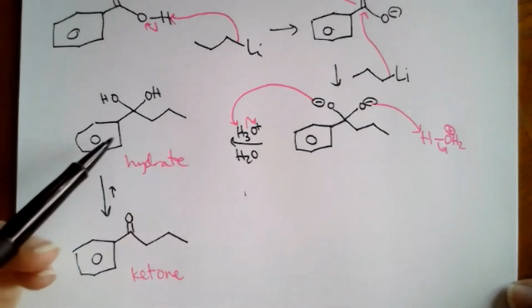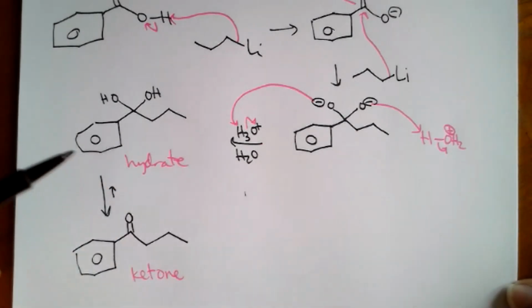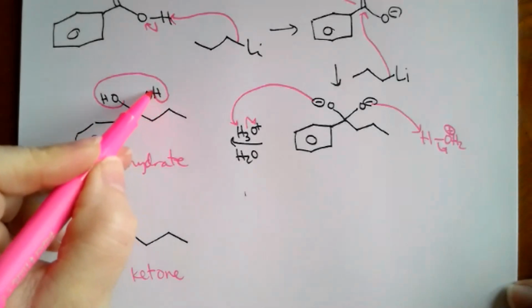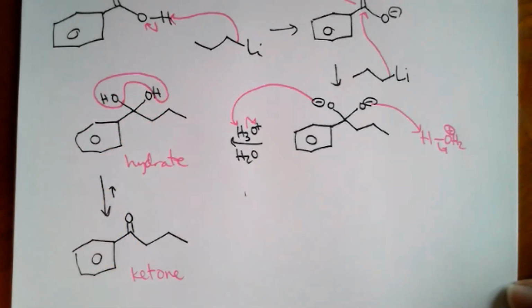So you're going to protonate to make this hydrate, and then that hydrate will do an equilibrium thing to yield this ketone. The exact mechanism of how that happens, we will learn very soon, but we're not going to go over it right this minute. You lose water in the process. I'll talk you through the mechanism.